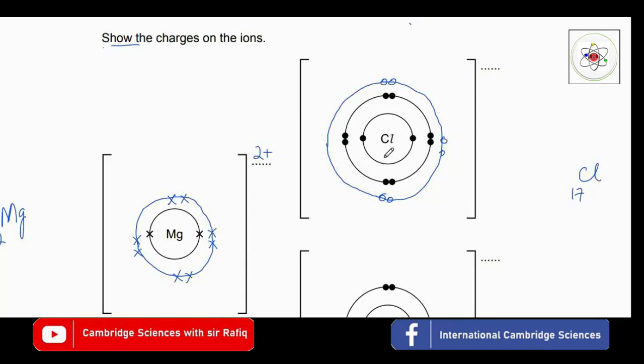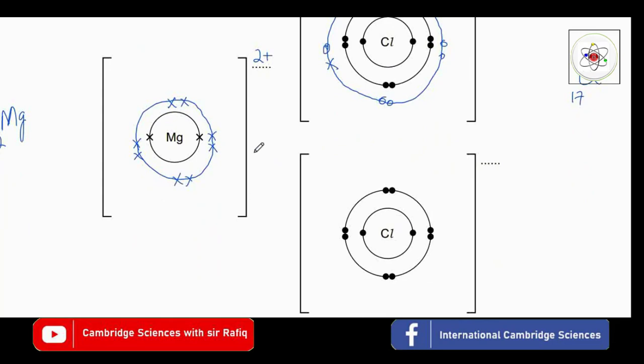But in an ionic compound, the chlorine atom gains the electrons which were lost by the magnesium atom. So these are 7 electrons of the chlorine atom, and 1 electron it gained from the magnesium atom, out of the 2 electrons which were lost by the magnesium atom. And the second electron is gained by another chlorine atom to equalize the number of electrons lost and gained.